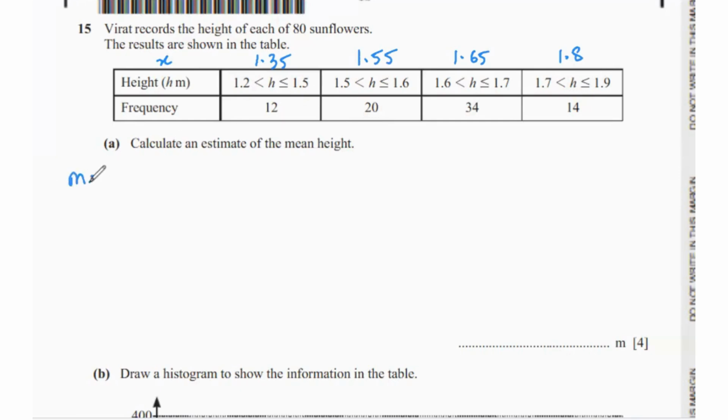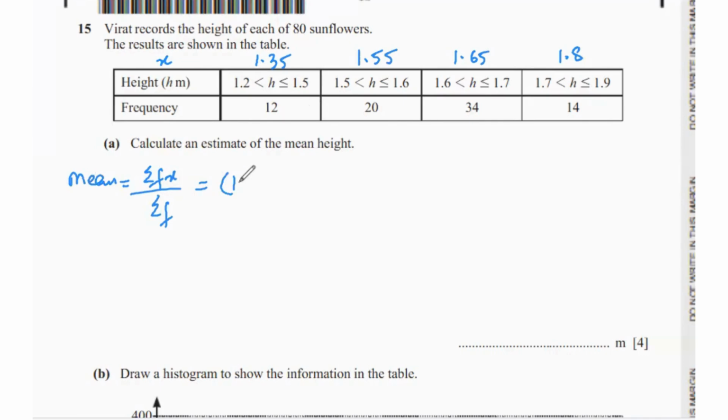Now, mean has the formula of sigma fx over sigma f. Sigma means sum. So sum of fx means you multiply the frequency and the x value for each interval, and then you add them up.